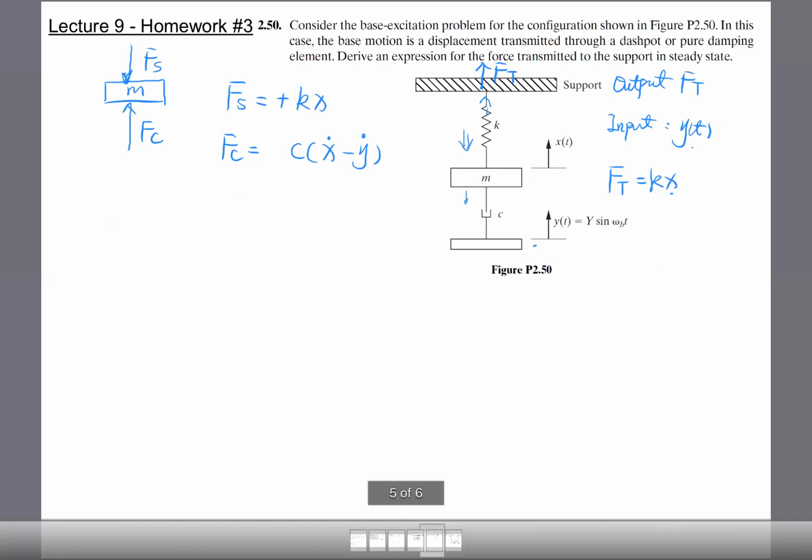So that means your positive velocity x dot actually reduces the Fc, and your positive y dot actually increases the Fc. Because your x dot should have a negative effect on Fc, and your y dot should have a positive effect on Fc. So that's why it becomes minus Cx dot plus Cy dot.